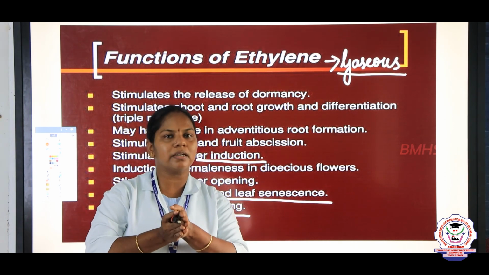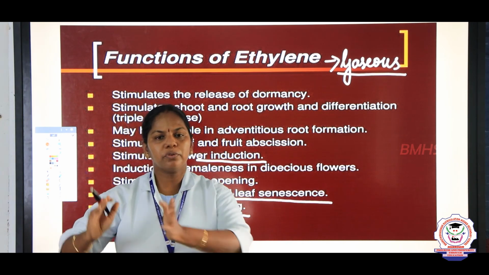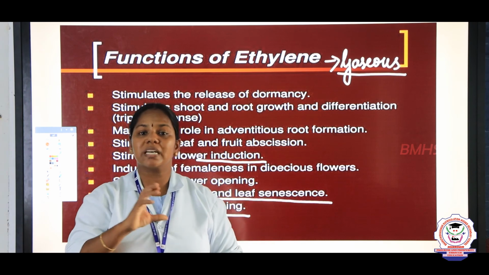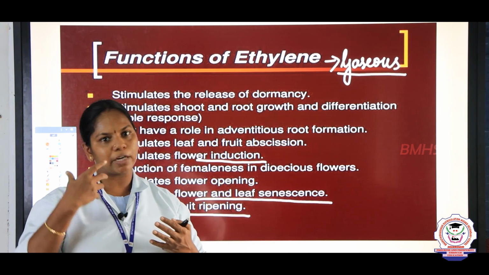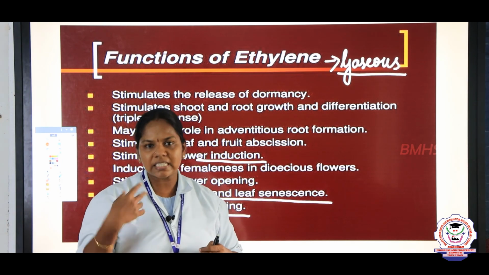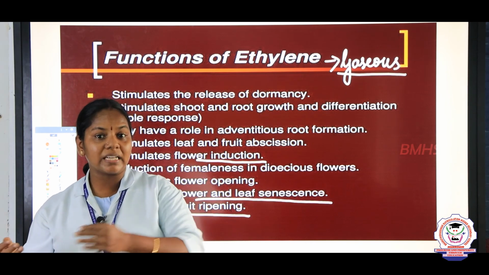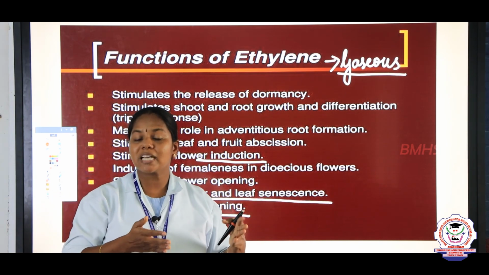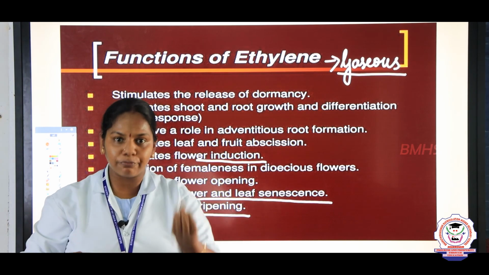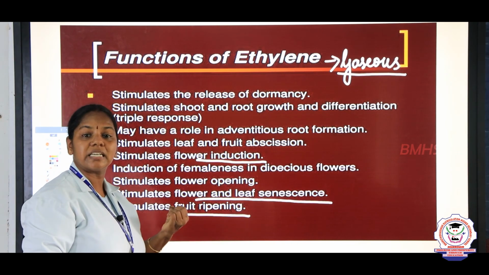If you buy 10 unripe bananas and split them into 5 and 5, you keep one set separately, and with the remaining 5 you keep any ripened fruit, either a tomato or a ripened banana. You can see that compared to the first 5 bananas, the remaining 5 bananas which we place along with the ripened fruits will ripen very fast, because from the ripened fruits what is released?